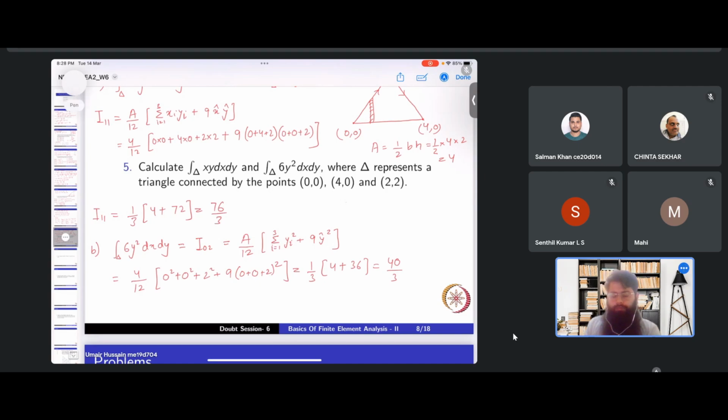Okay, so this was really quick using this formula. If we use the normal conventional method to solve this area integral, it would be time consuming. So I hope this was clear.